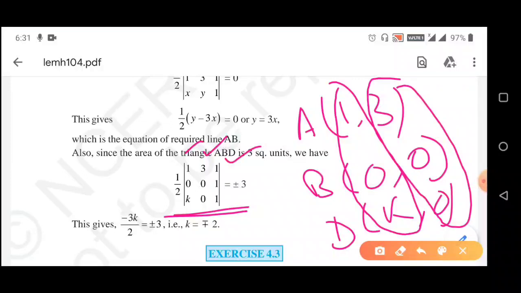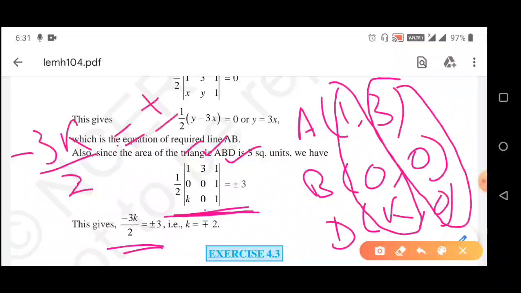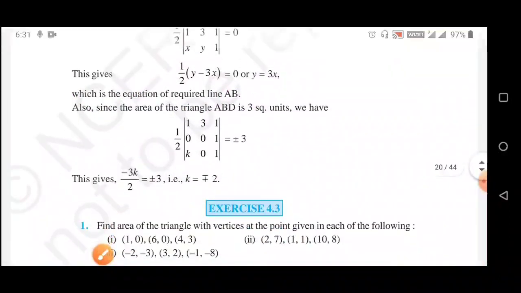Now see, from expanding this determinant, in the left hand side we have minus 3k by 2 is equal to plus minus 3. Now how will we do the calculation?